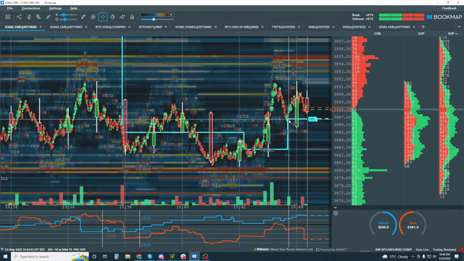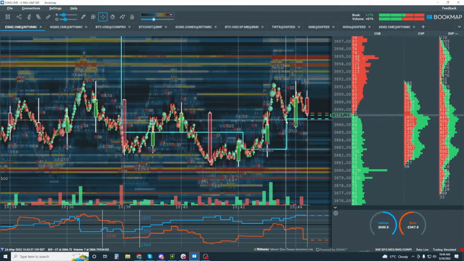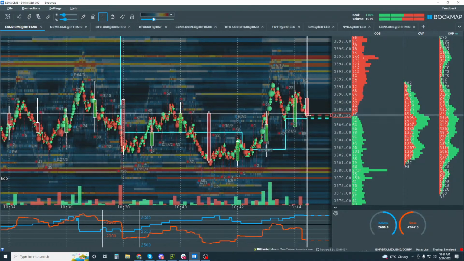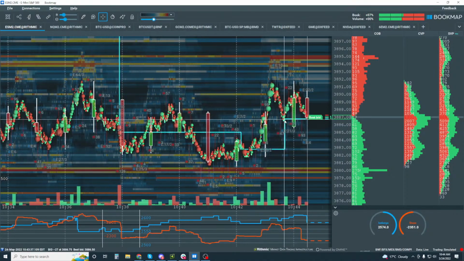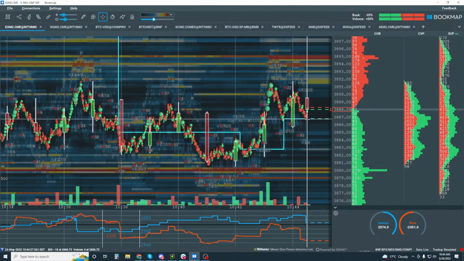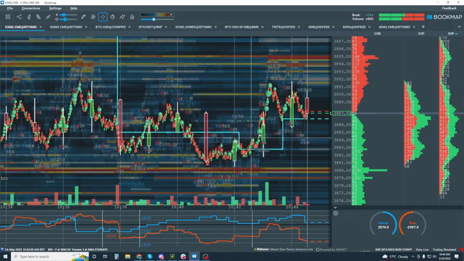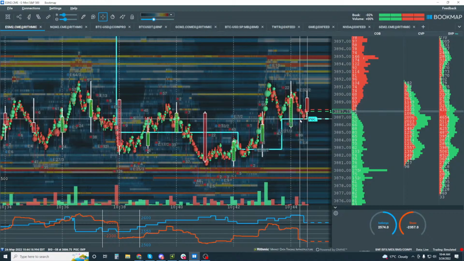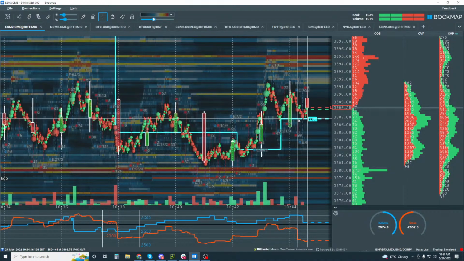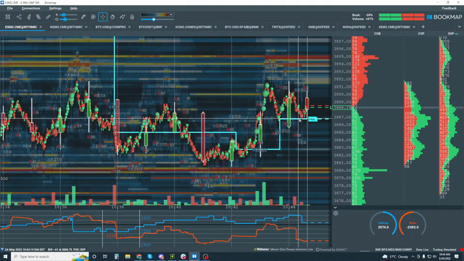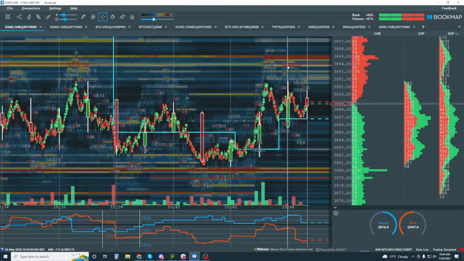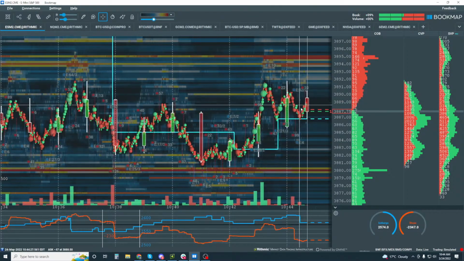Now I'm looking a little away from the candles here. I'd be looking for selling here at 87 to try to push through. And I know that's point of control because our blue line is there, which can mark up the point of control. And it's still holding.